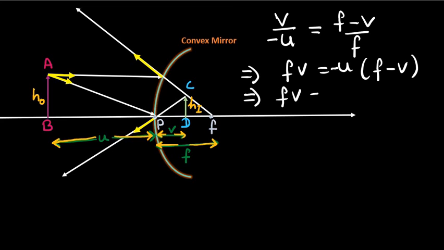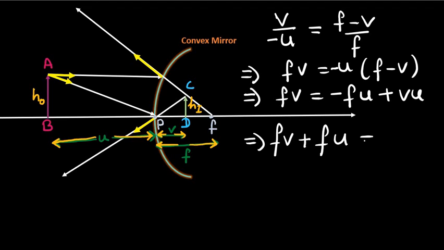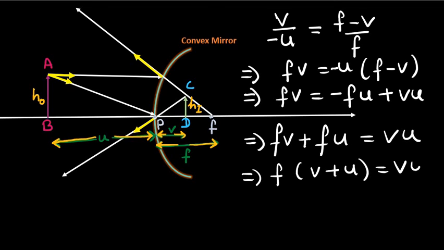So fv is minus fu plus vu. And now transposing the negative from the right side to the left side, we will have fv plus fu is vu. Taking the highest common factor f, in the bracket we have v plus u, so f(v plus u) is equal to vu.